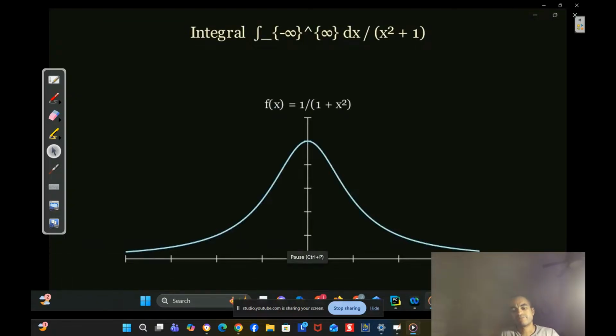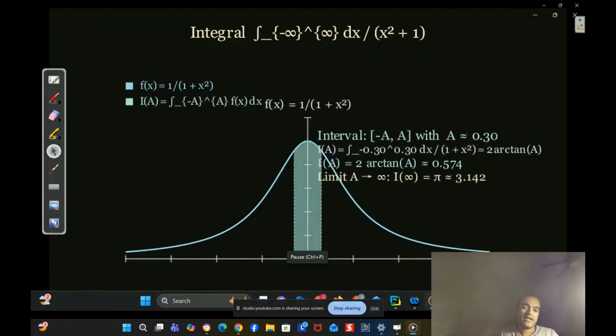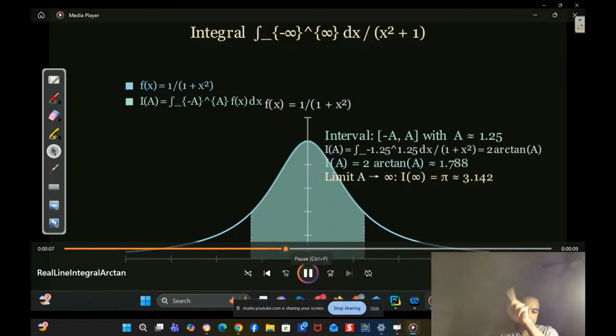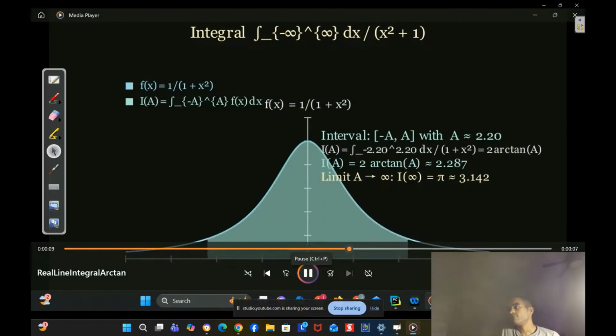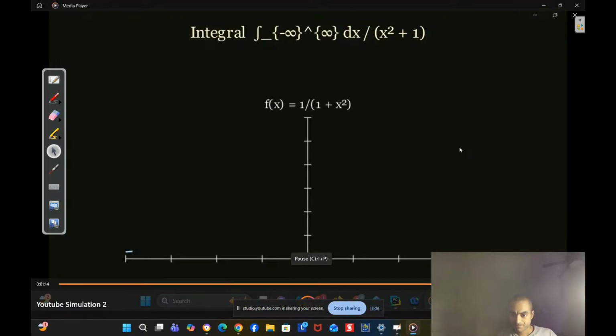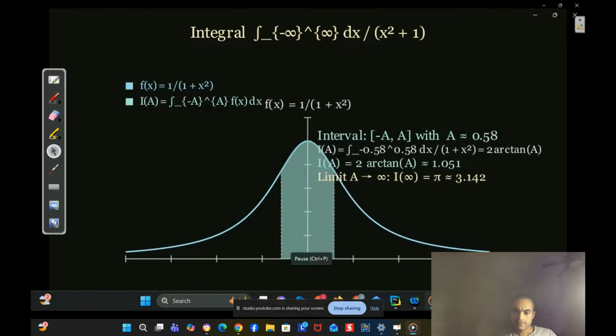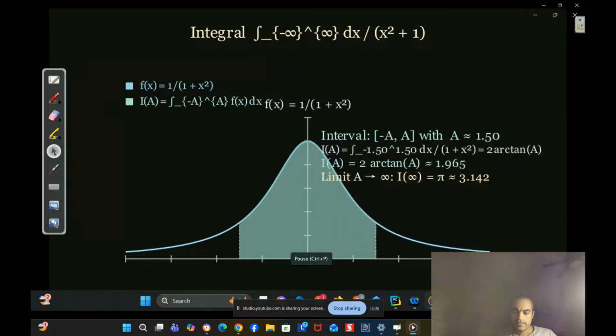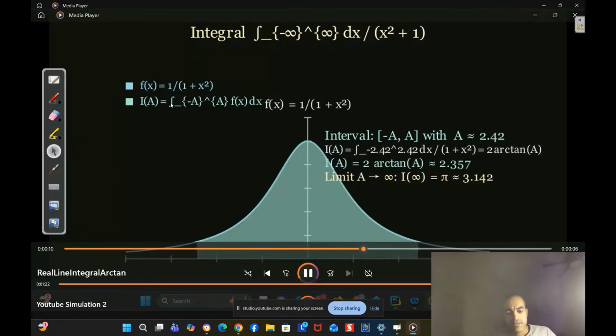Taking the limits from negative infinity to infinity, arctan of infinity minus arctan of negative infinity gives you pi over 2 plus pi over 2, which gives you pi. So there's the curve and the interval and the limit of the area.